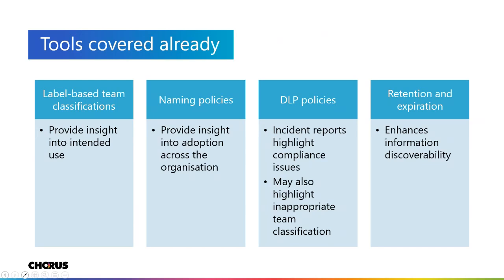They can also be used to flag where people might have classified teams inappropriately. So if, for example, you've got a team classified as general, but your DLP incident reports are saying they're sharing highly confidential files from that team, then you know you need to take a closer look. The labels you use for retention and expiration are also a good way of enhancing information discovery.